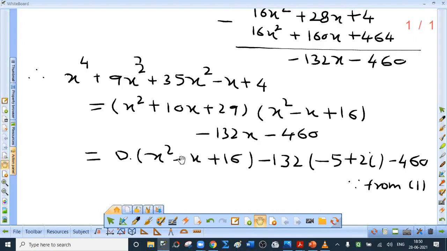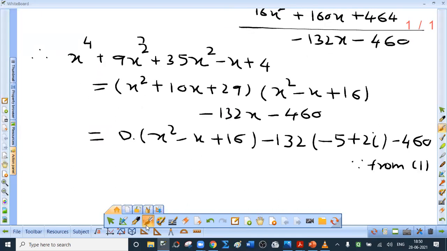Okay, so this is nothing but 0, then plus 660, just check this, okay, minus 264i minus 460, is it?